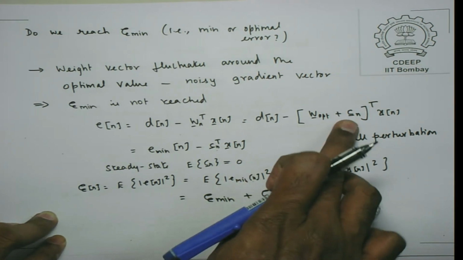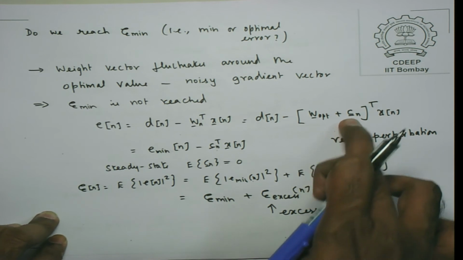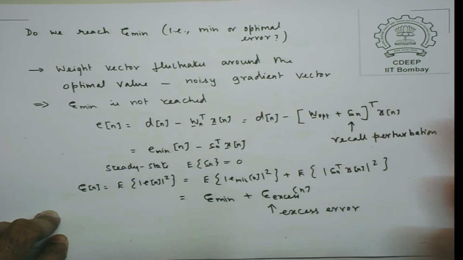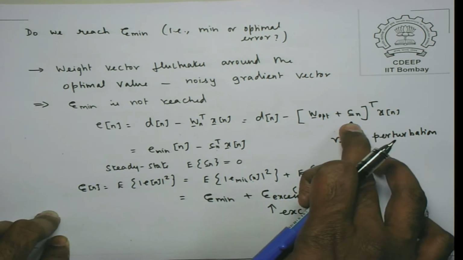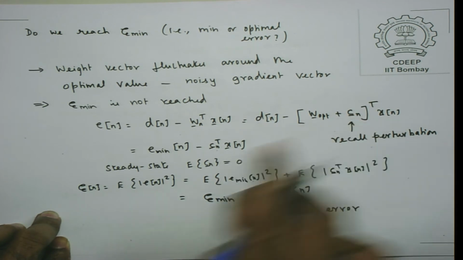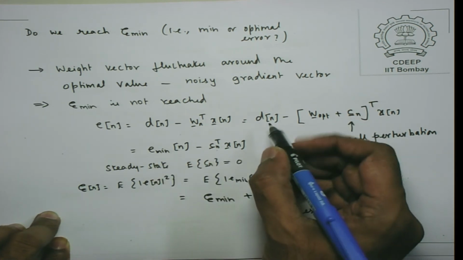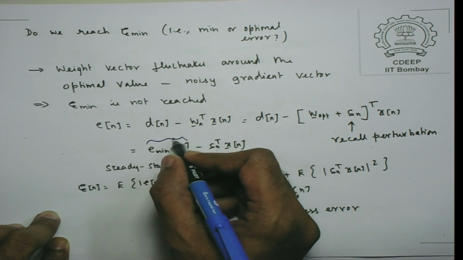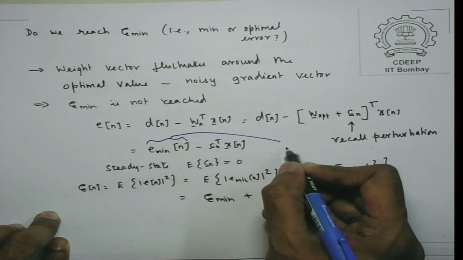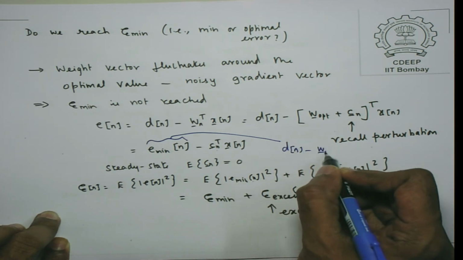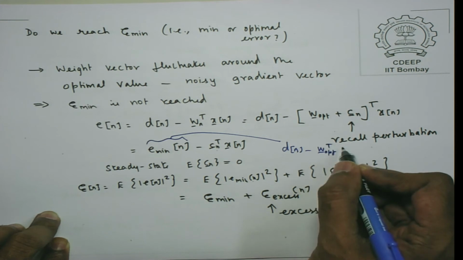This perturbation is similar to what we discussed in terms of how the weights get perturbed as we go along the LMS updates, but notionally this is how we indicate it. If we expand it, you have the minimum error, which is d of n minus W optimal applied to the input.